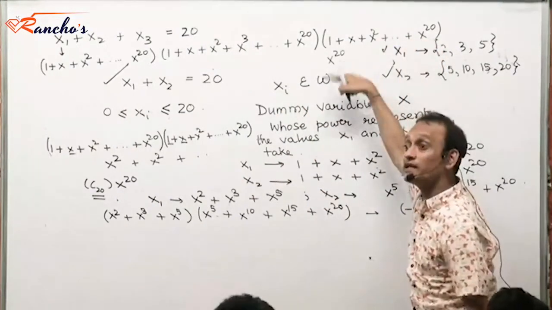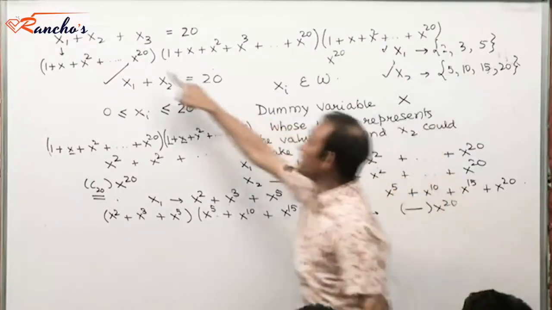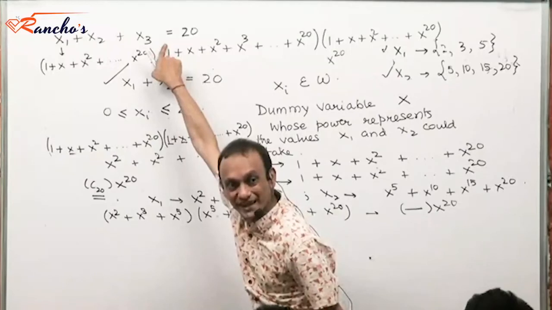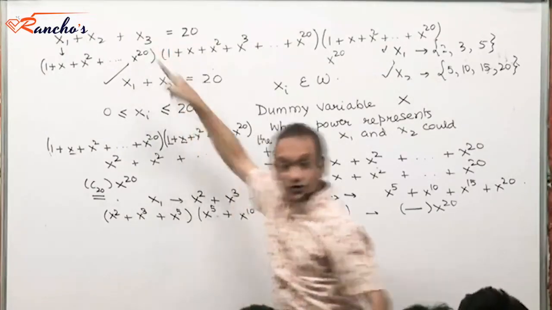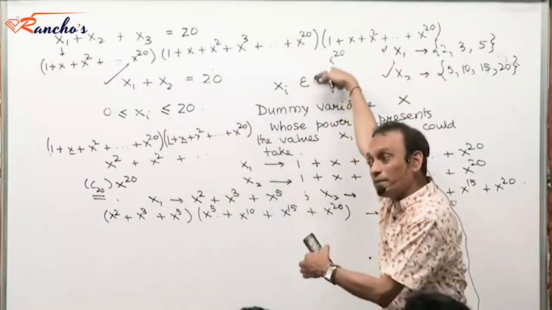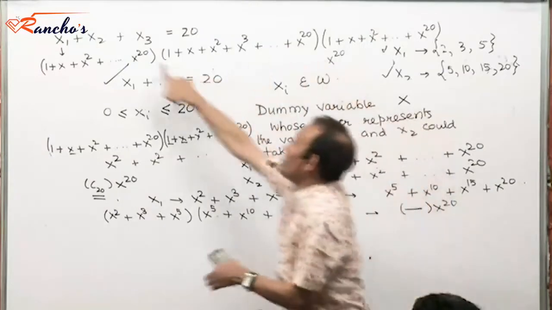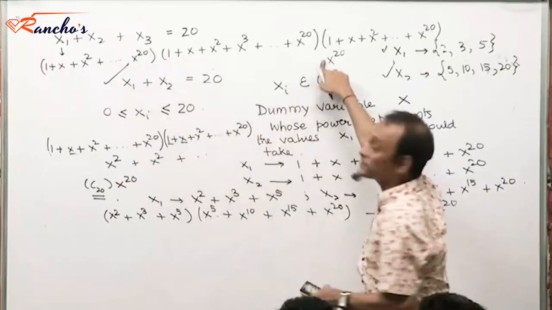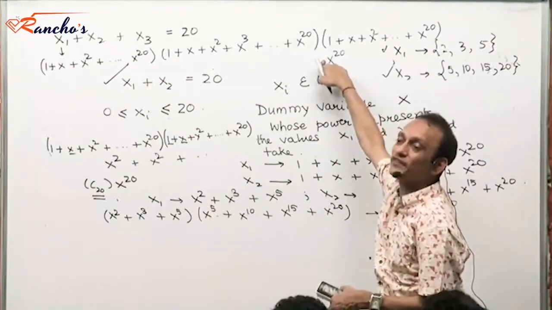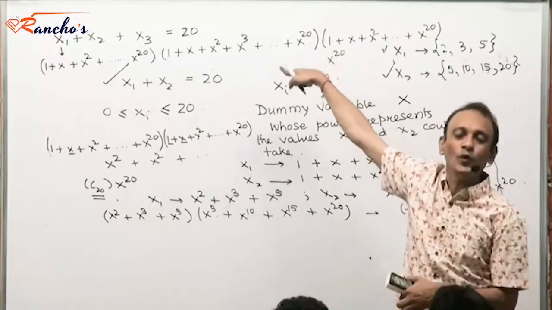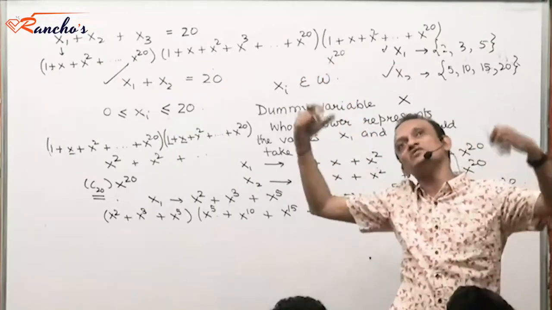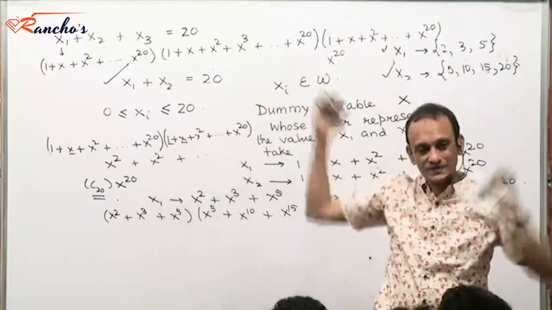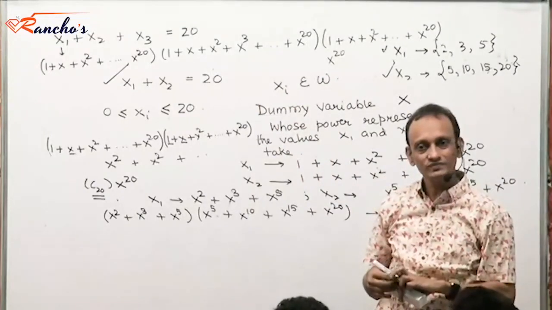That means x power 20 can be obtained only out of x1, x2, x3 that constitute solutions to this equation. Yes or no? So the number of ways in which x power 20 will appear in this will be the number of whole number solutions to this equation, and will also be the coefficient of x power 20. The coefficient of x power 20 will give me the number of ways in which x1, x2, x3 could add up to 20, being whole numbers. Yes or no? Clear now?